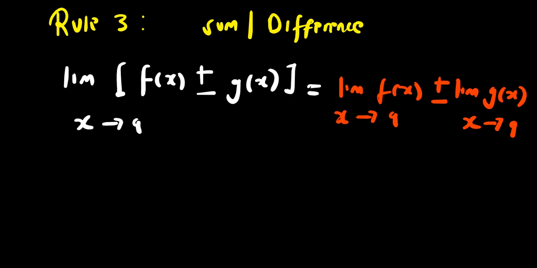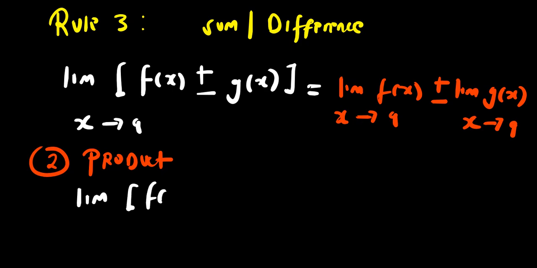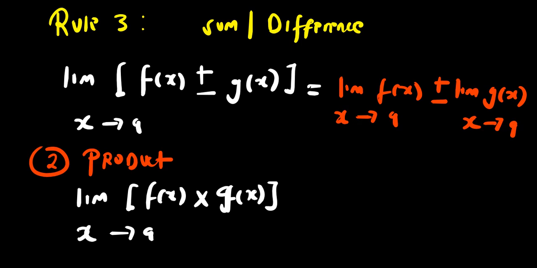What if you are now finding the product? Allow me to call this one rule 4. What if you are finding the product of a limit? How are you going to do this? Let's say you are finding the limit of the same f of x multiplied by g of x, because product is multiplication, as x is approaching the same a.